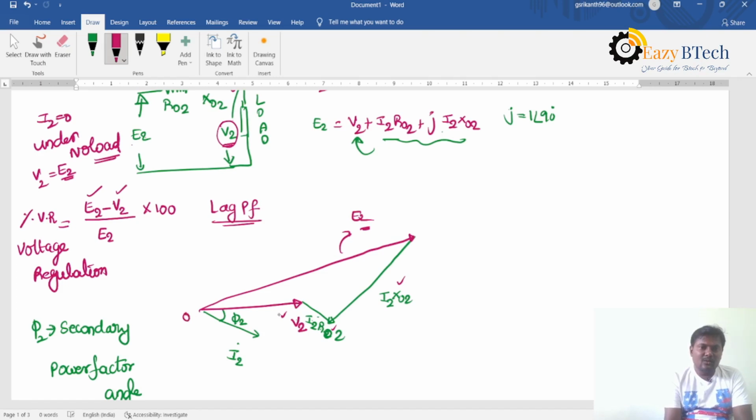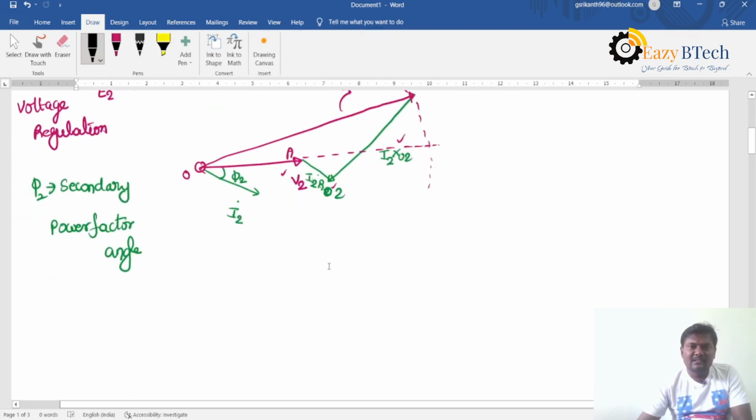Let us say this is OA, and extend this line. From this point O, draw an arc to the E2 line. Let us assume this one is point E. The length OE is equal to E2.